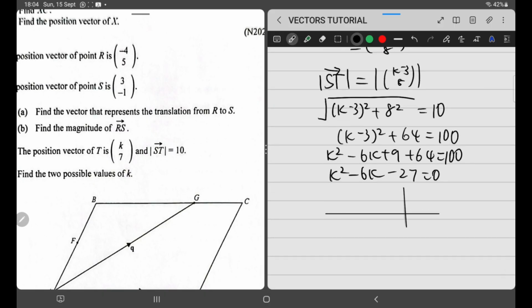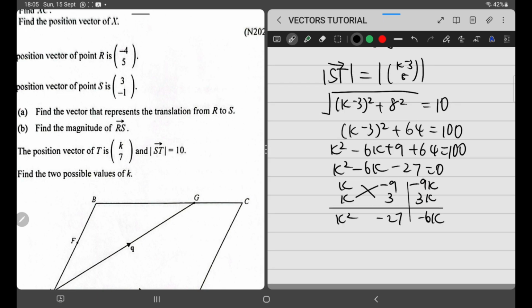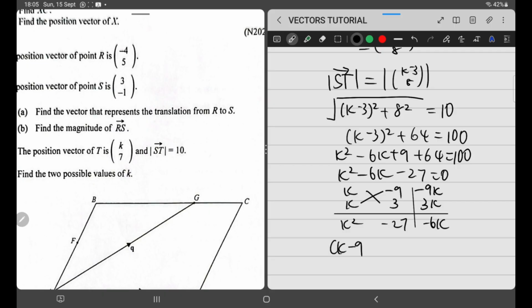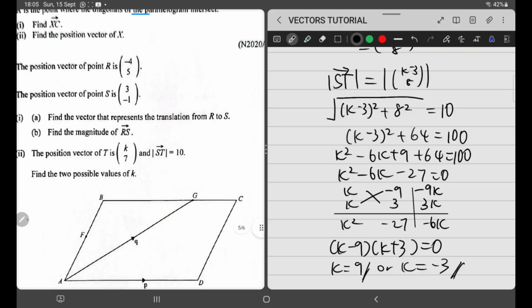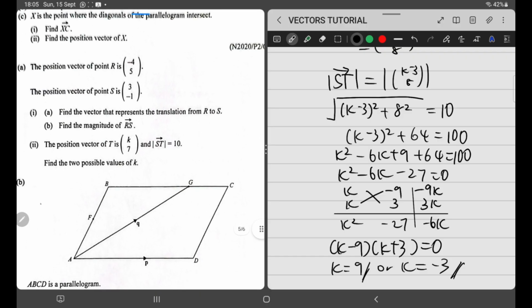Now this one is just your quadratic. So (k minus 9)(k plus 3) is 0. k is 9 or k is -3. These are your two possible values of k, and that is the answer right there.